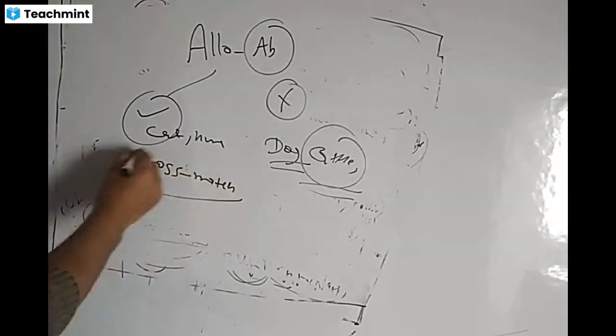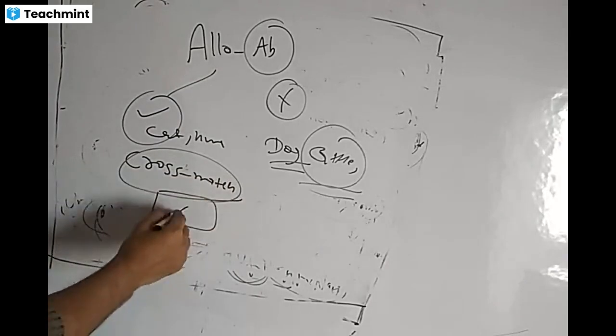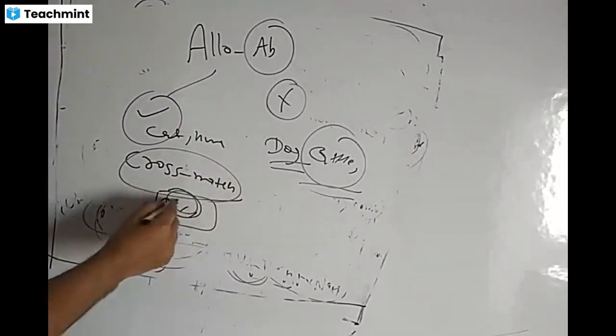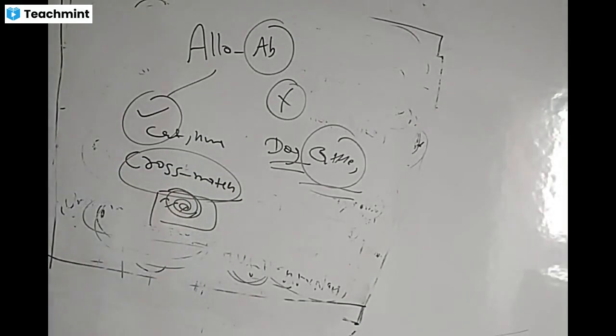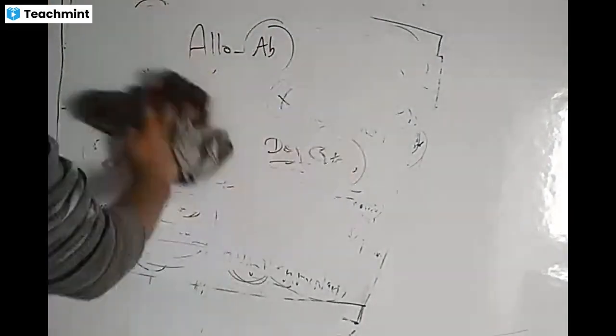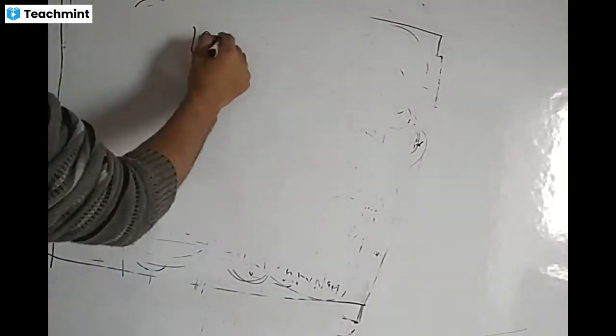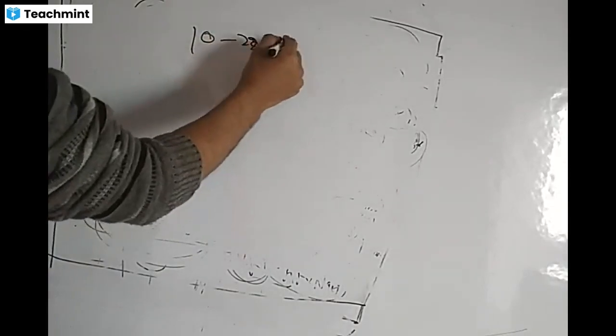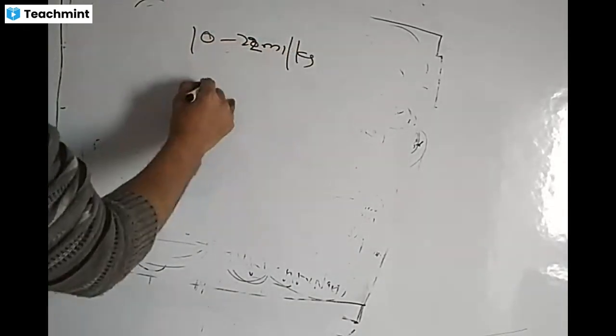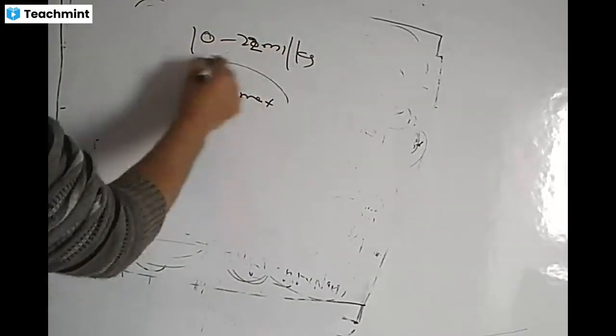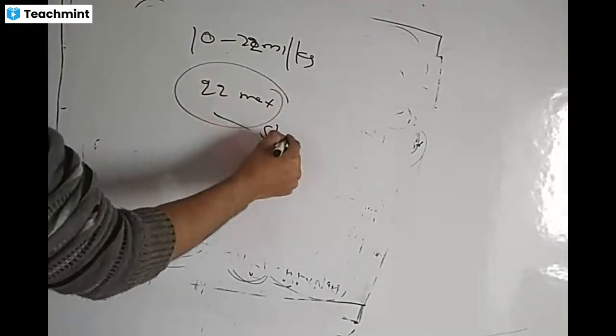First, check whether there is agglutination or not on the slide. If it is agglutinated, it means incompatible; this is a mismatch. If it is compatible, then go for the blood transfusion using CPDA anticoagulant. The transfusion volume of the blood is 10 to 22 ml per kg, and 22 is the maximum that we use for shock.